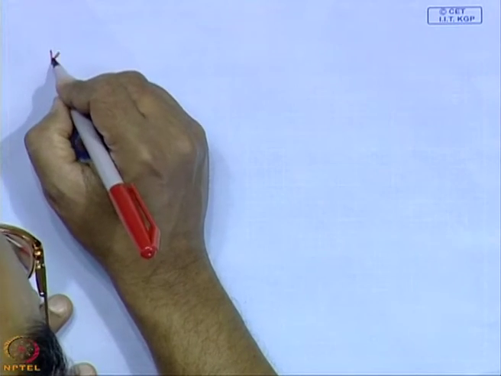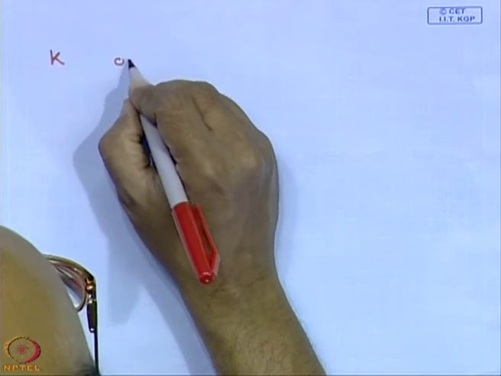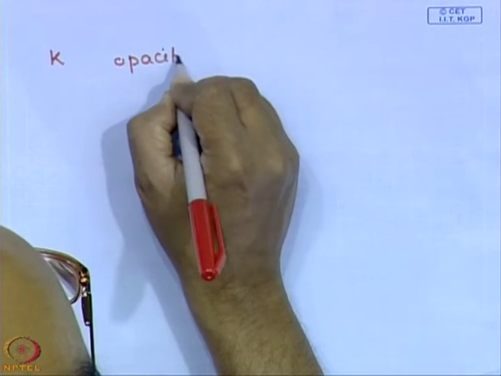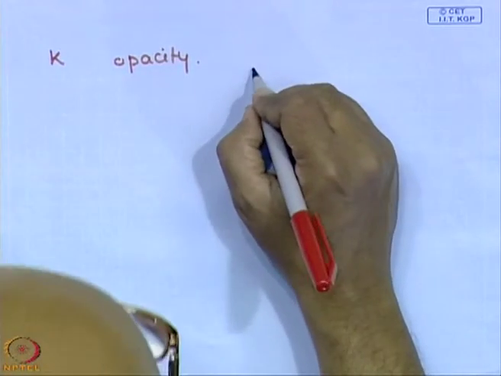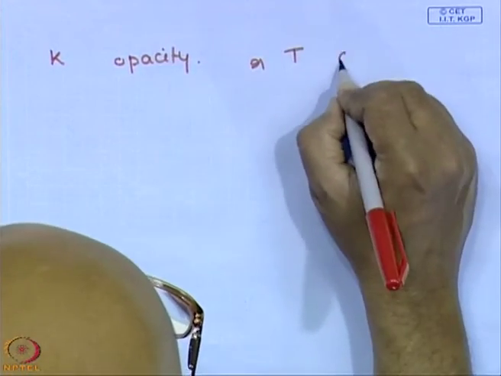And kappa again, you need to be told this opacity, and this again will be a function of r, T and the composition.